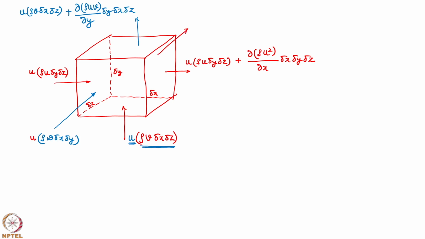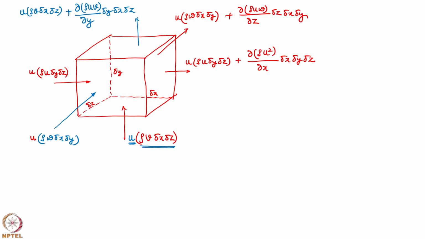So now u into rho w delta x delta y plus dou of rho u w divided by dou z into delta z into delta x delta y. Okay, so this is what you get.